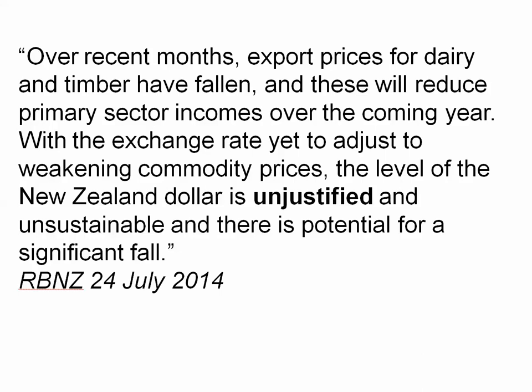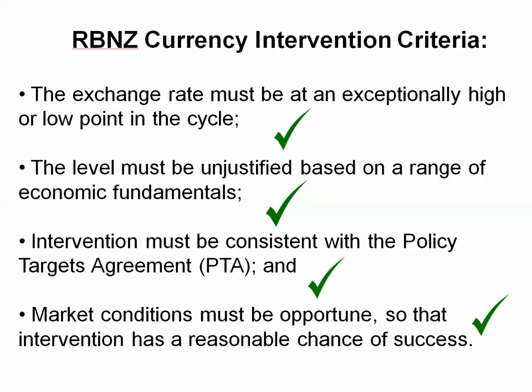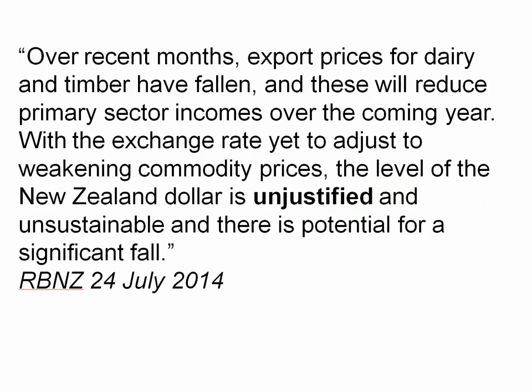So that's the first time that I can remember that the Reserve Bank of New Zealand have used that word unjustified, and as you can see, part of their intervention criteria is that the level of the New Zealand dollar must be unjustified, and they are flagging that they now have that criteria.